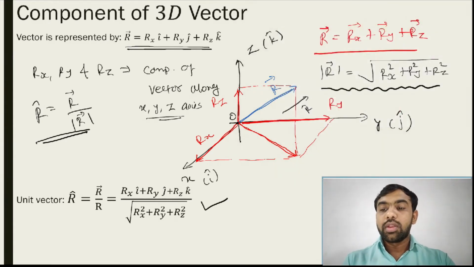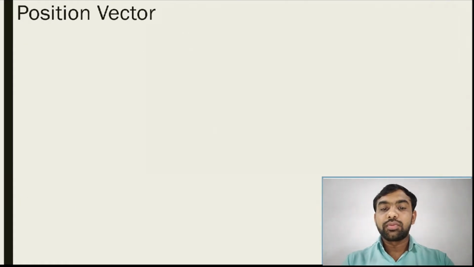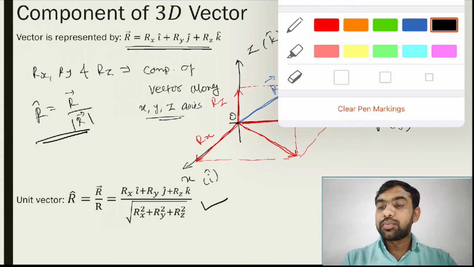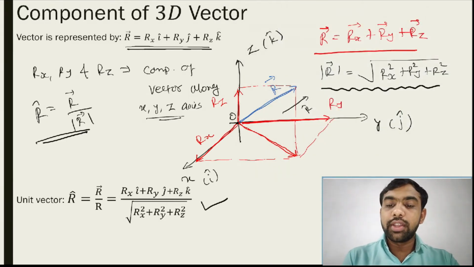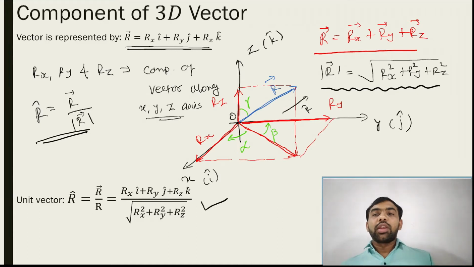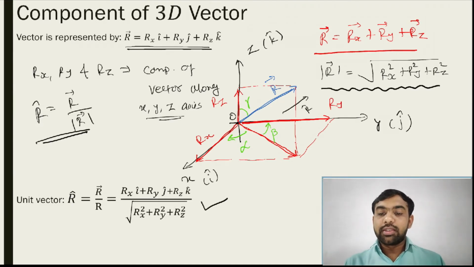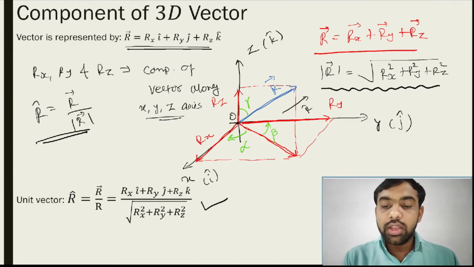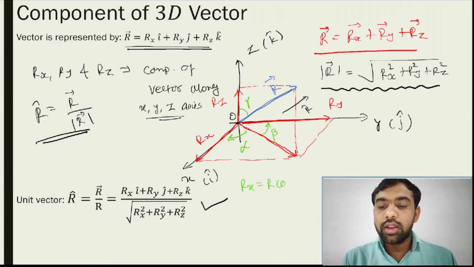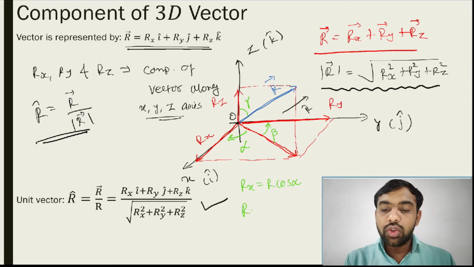Suppose the angle of r with the x-axis is alpha, with the y-axis is beta, and with the z-axis is gamma. So what is rx?